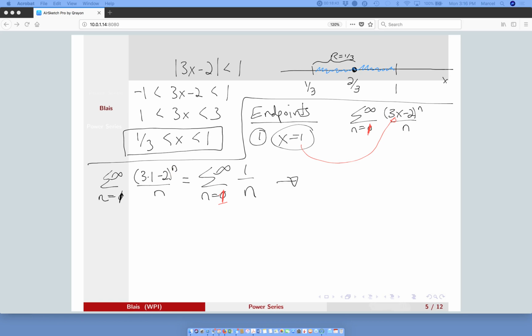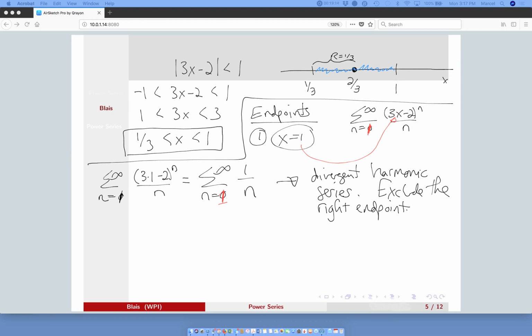And we know this is the divergent harmonic series. So we exclude the right endpoint. So at this right endpoint, we now see that the series is divergent.